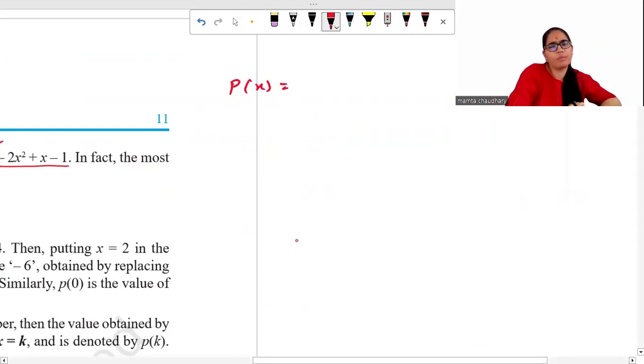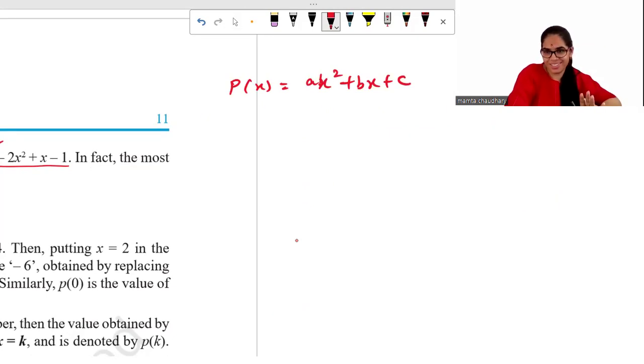P(x), let's suppose I'm writing any quadratic polynomial, which is ax square plus bx plus c. Here a, b, c are not variables. Although they are represented by alphabets, they are constants. The variable is only x. Clear? Now suppose I need to find its value at x equals k.